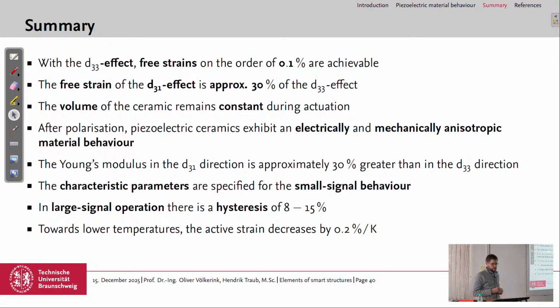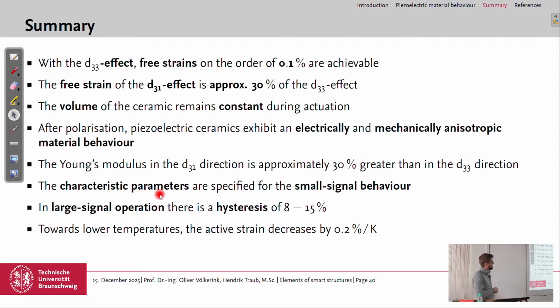So, last slide, summary. With the D33 effect, we have free strains of about 0.1%. The free strain in the D31 effect, the transverse effect, is approximately 30% of the D33 effect, so much lower. We assume that the volume remains constant during actuation. After polarization, the electrical and also the mechanical behavior is anisotropic, which we saw in the Young's modulus, which in the D31 direction is 30% greater than in the D33 direction.